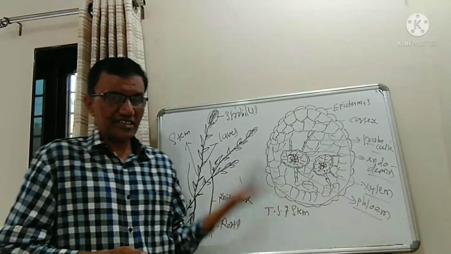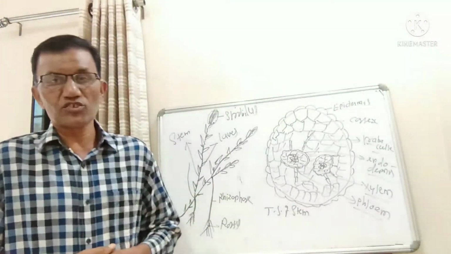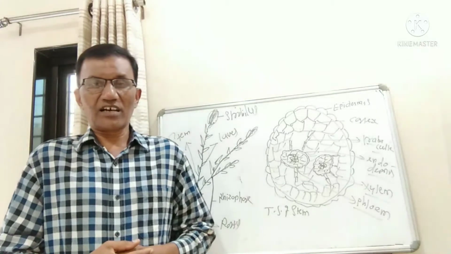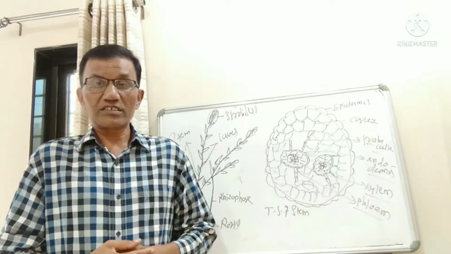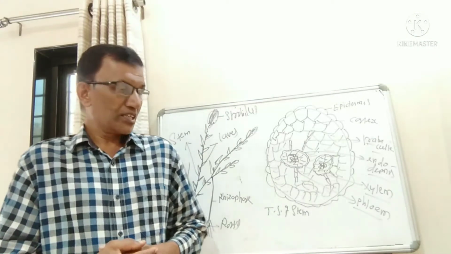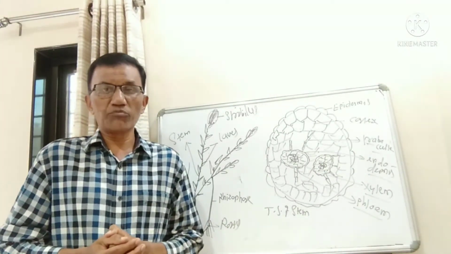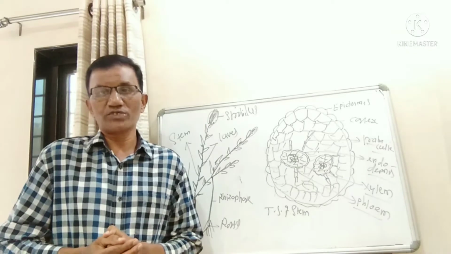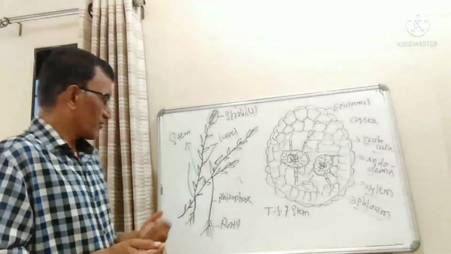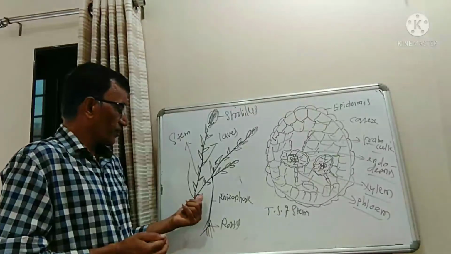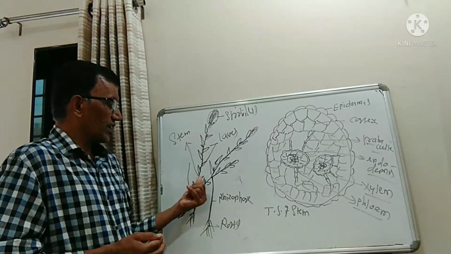While discussing the external characteristics of the sporophytic plants of Selaginella, externally, what are the different parts of Selaginella? Morphologically, the sporophytic plant body of Selaginella is differentiated into stem, rhizophore, roots and leaves.